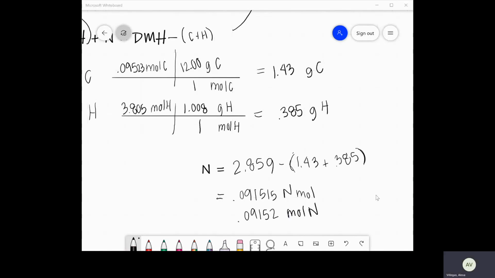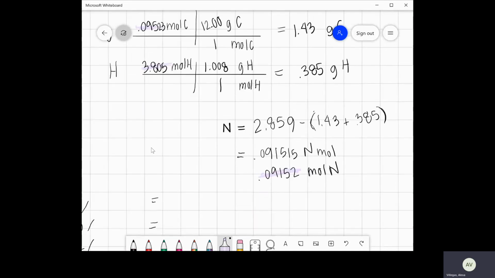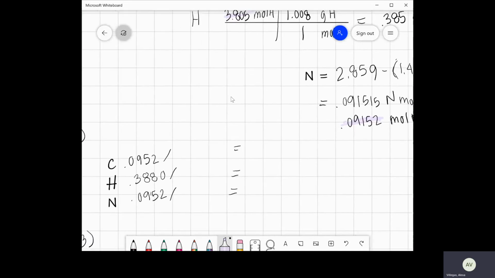So, step 2 is where we're going to divide. And remember, you have to pick out the smallest number and divide all the values by that number. Luckily for us, let's see here, compare this number, and this number, and this number. So carbon and nitrogen are pretty much the same. They're just different by that 1.